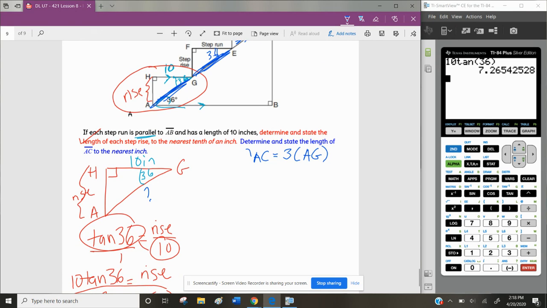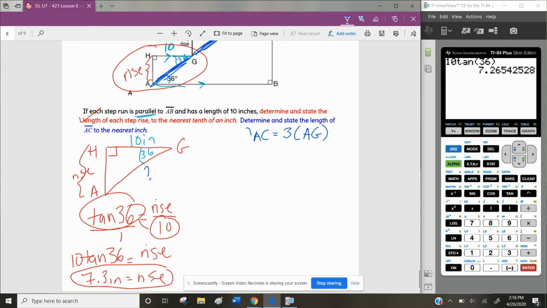Okay, so how do I find AG? Well, I found the rise of 7.3. I have 10 inches, and I have this 36, and here's AG, what I'm looking for. We have lots of options again. We could use trigonometry. We could use Pythagorean theorem. You choose whatever option you want to use. So I'm just going to do the sine of 36 equals 7.3 over AG.